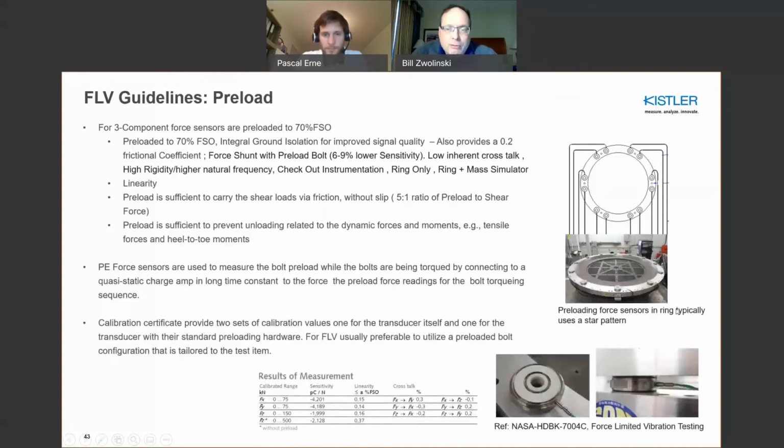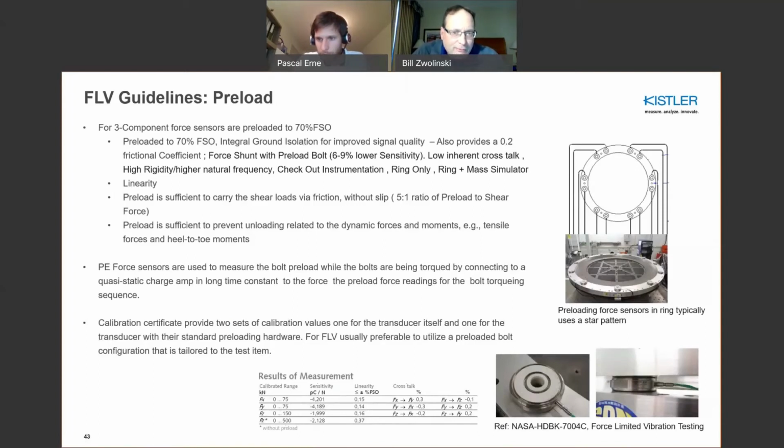In terms of preload, I talked about preload last time. With preload, there are three main objectives. You want to get linearity, so you're preloading at 70% of the full scale range. Because the force sensors have a ceramic coating on top and bottom, there's roughly a 0.2 frictional coefficient, which means any preload force is going to transmit to shear forces by a factor of 0.2.